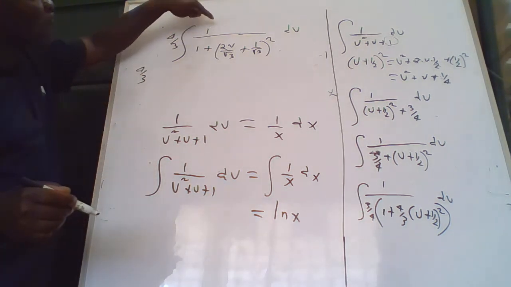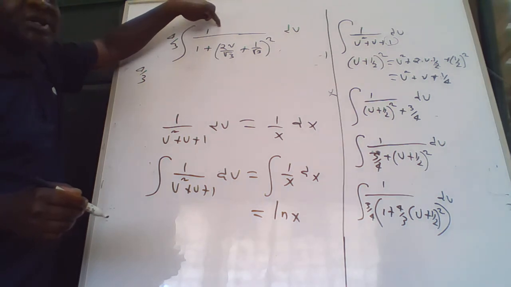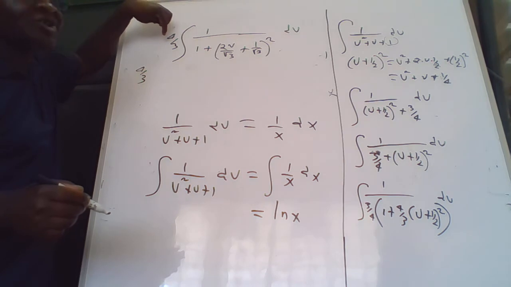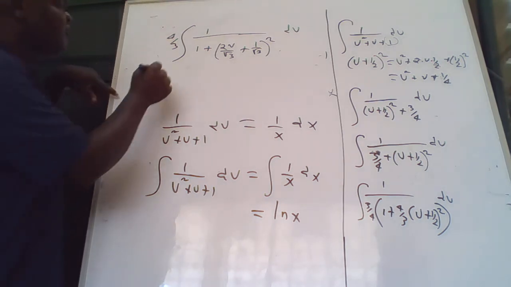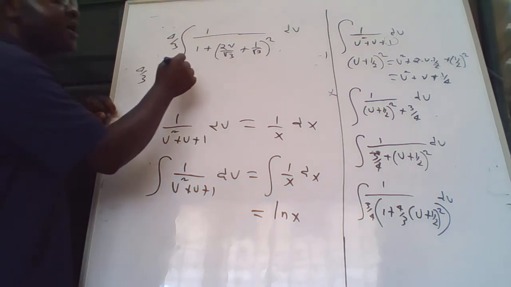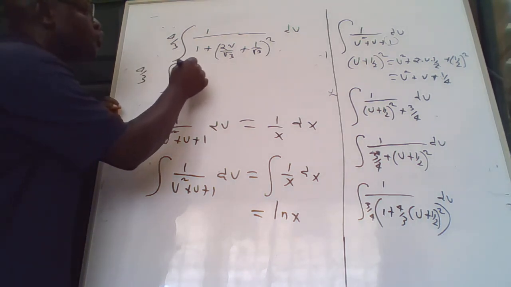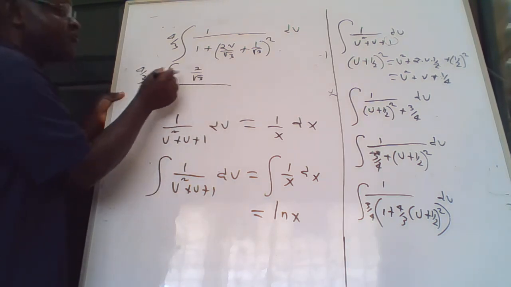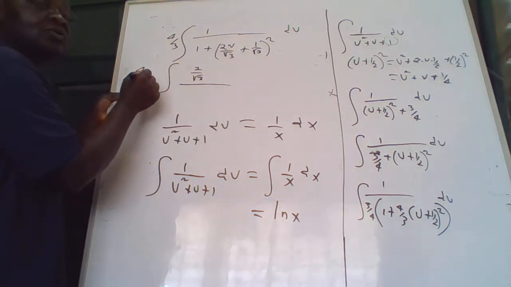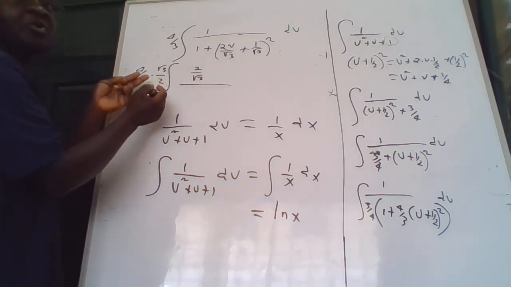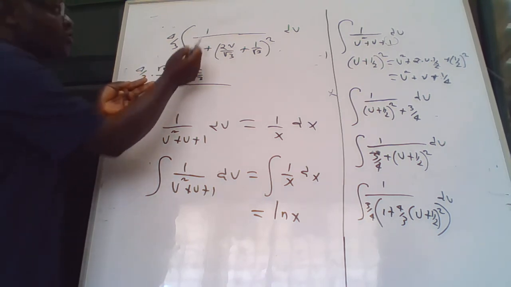If I want to have 2 root 3 as the numerator, I need to modify this expression so that here I have 4 over 3, then 2 root 3 as the numerator, but then I modify this so that outside I have root 3 all over 2, so that when you remove the integral sign, you still have 1.